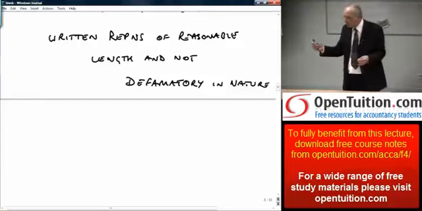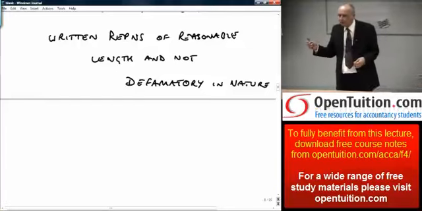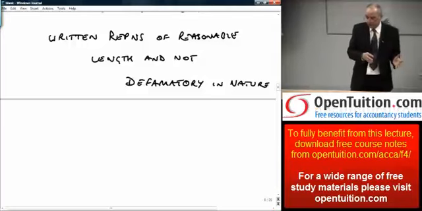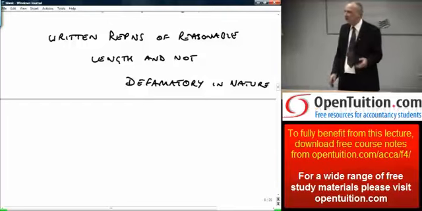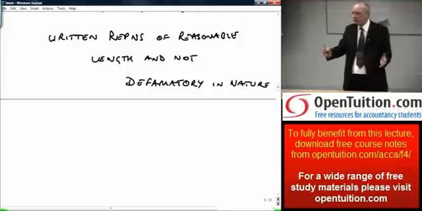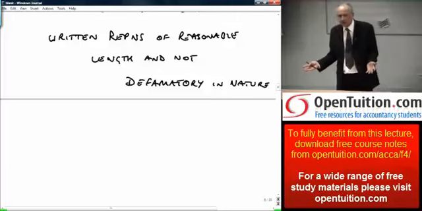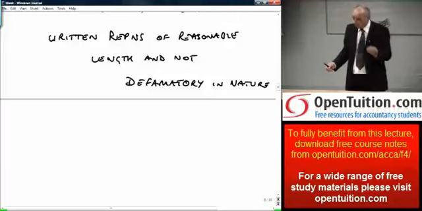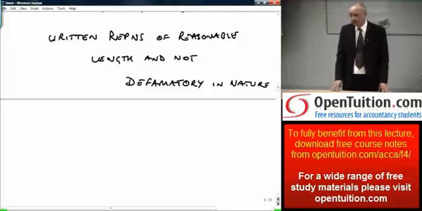And they will go to the court and ask for relief from the court to say that you do not have to distribute these because they are defamatory. So any justification that the directors may claim for not circulating these written representations would be under the context of them being defamatory. But really they should be asking the court, we think they may be defamatory. Should we circulate these representations or not?